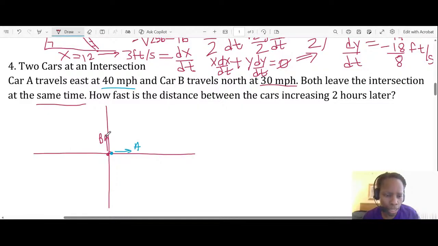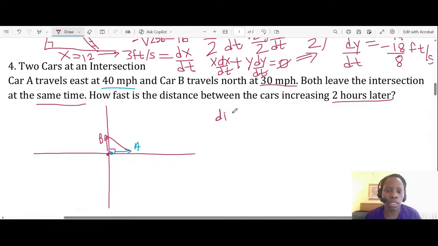So the distance is going to form a triangle. There's a right angle there. It wants to know what's happening after 2 hours. After 2 hours, we can figure out how many miles they've gone by just multiplying the speed times the time. That gives us distance.